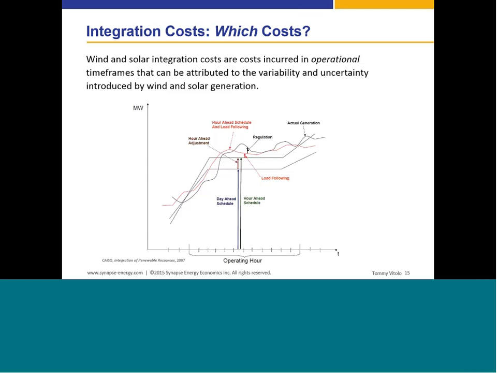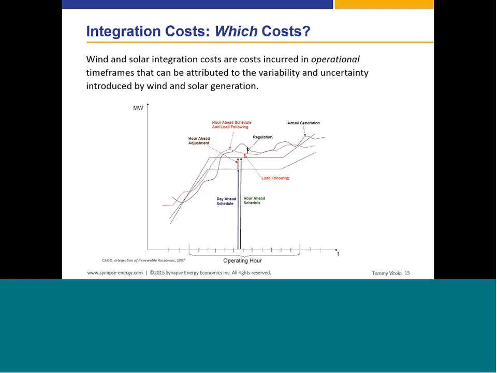And as we get closer and closer to now, hour ahead, 15 minutes ahead, we fine-tune our estimate of what load will be, and we use resources to make up that relatively small difference. And then as we get into the 1 minute, we use even more resources to regulate, to make sure that our supply is exactly meeting our demand.